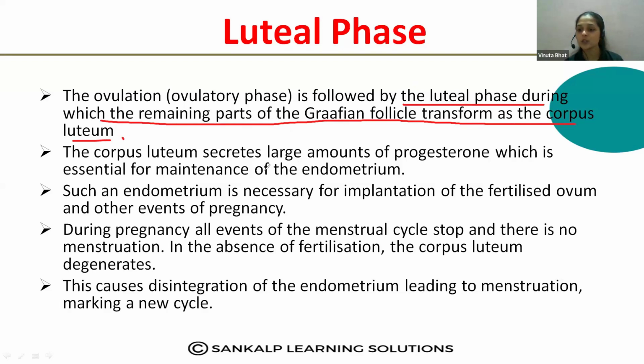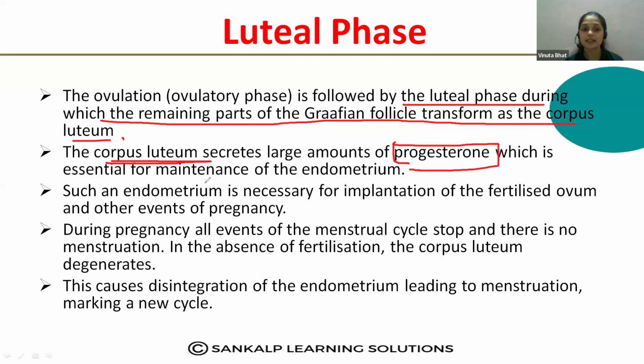And this corpus luteum that releases the hormone progesterone. Very important, progesterone is released by here. Which hormone? Progesterone is released by which part? That is by the corpus luteum of the ovary.